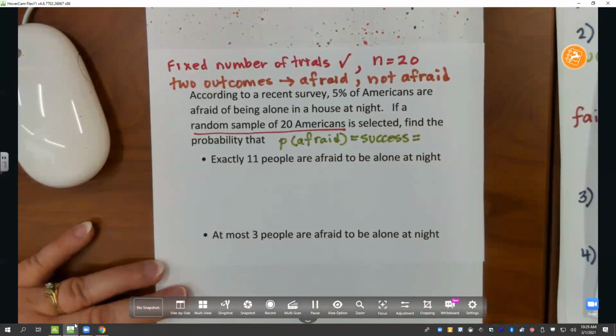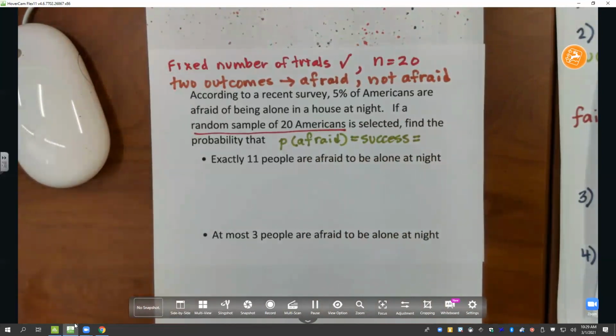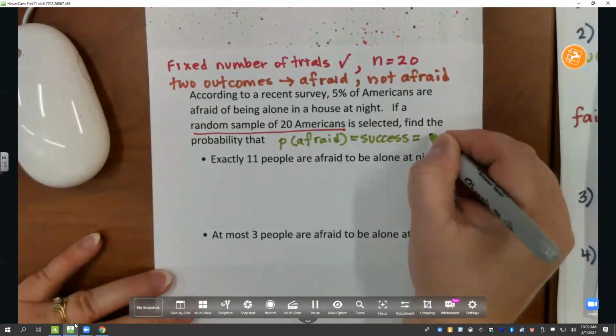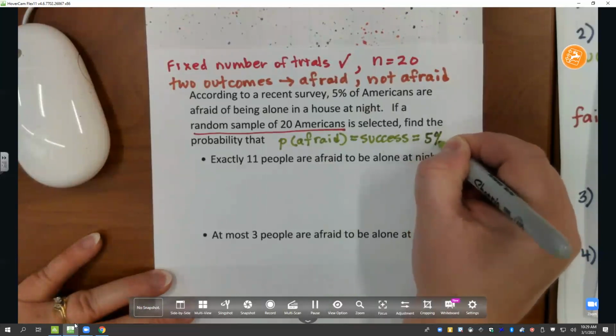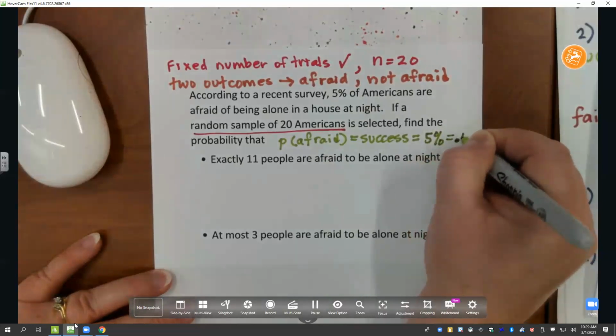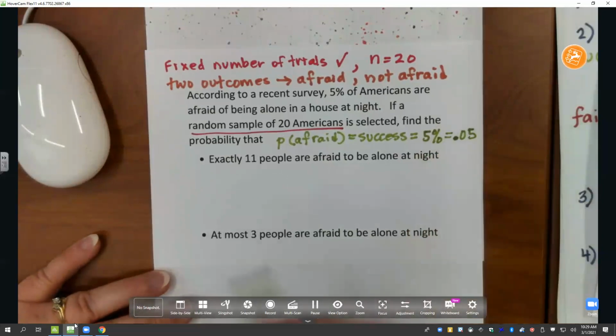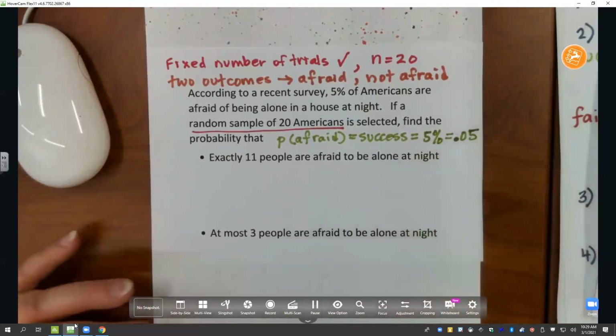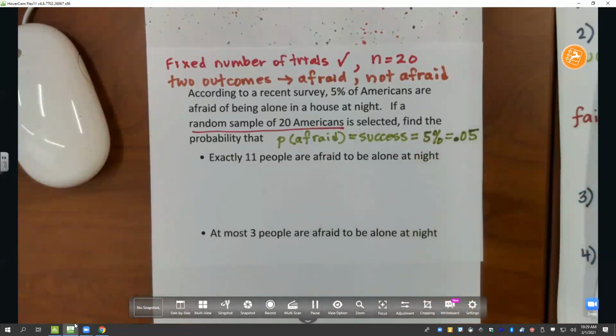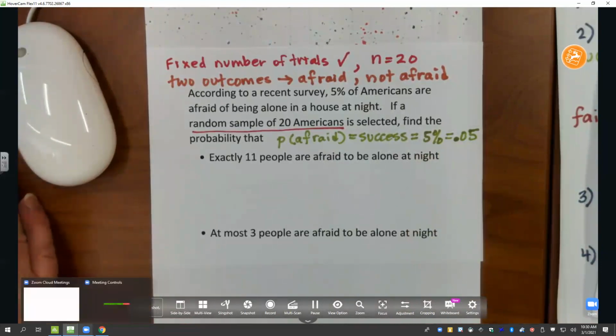See, this one tells you 5% of Americans, based on the study that they did, okay, are afraid. So my probability of being afraid is 5% or 0.05. And it's going to be the same from trial to trial because it doesn't affect, you know, what me or you or whoever is giving the answer.